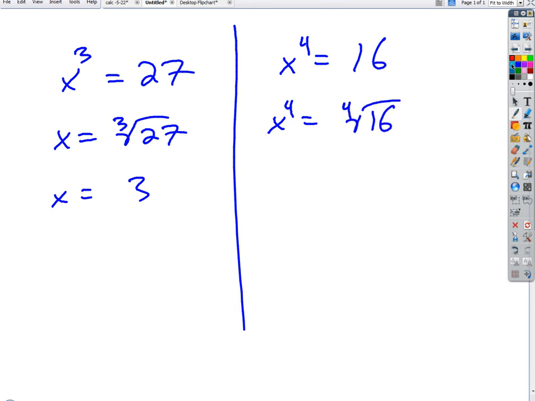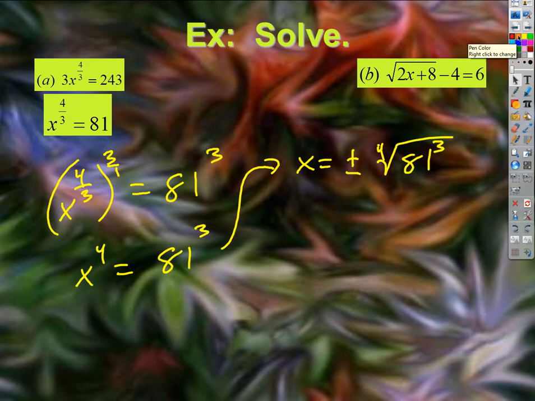But this time, because that's even, I need that plus or minus. Whenever I take an even root of both sides, I gotta put the plus or minus, not for the odds. That's the difference. So my answer is x equals plus or minus 2 for this one. So in this case, I need to have that plus or minus there because I've taken a 4th root.